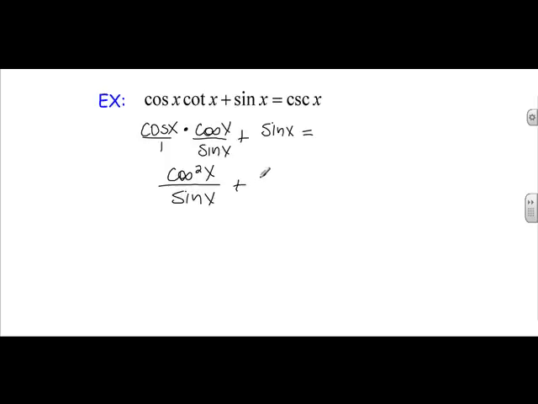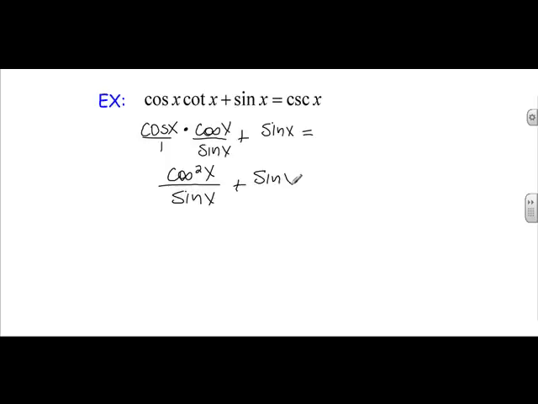If I'm working this problem, I rewrite cotangent as cosine over sine. So it might be helpful to write that cosine as cosine over 1. So now I'm looking at cosine squared x over sine of x plus sine of x.